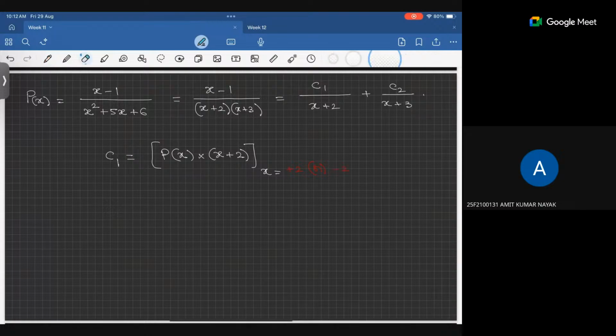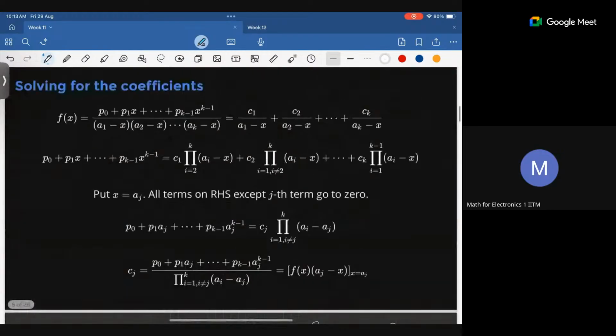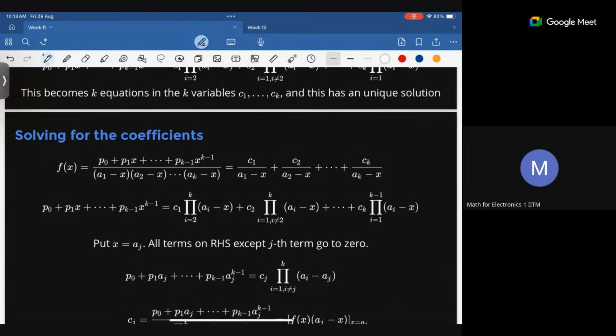One guy said minus 2. So this is where we get confused, and we go wrong also. In partial fractions, once you factorize, these are the roots. So a1, a2, ak, all of them are roots of the denominator polynomial.